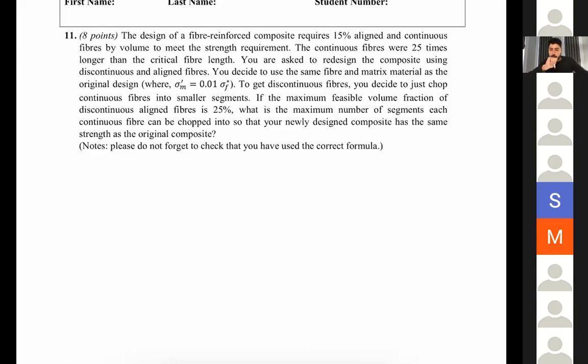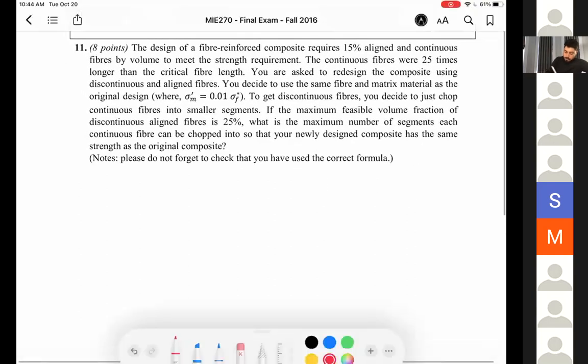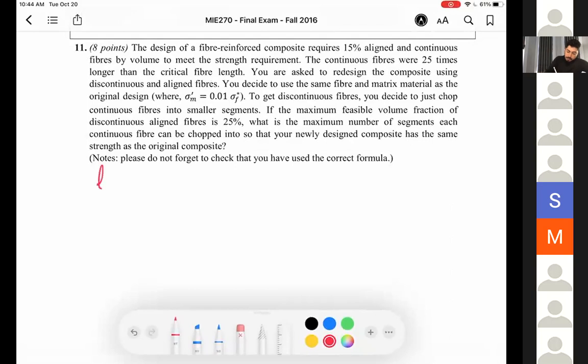Somebody wrote max number of segments each fiber can be chopped into to achieve the same strength. Okay, you just answered my question. So based off of this problem, what do we have to do first? We're going to assume what? The length is greater than the critical length.